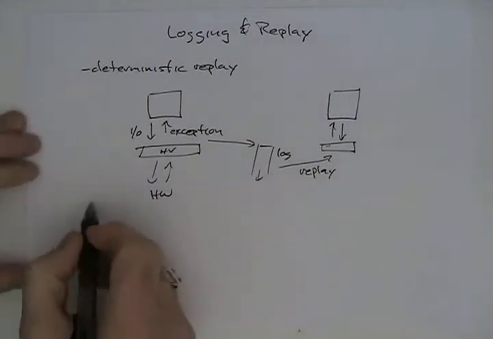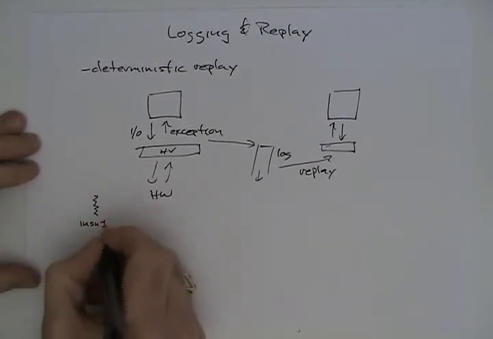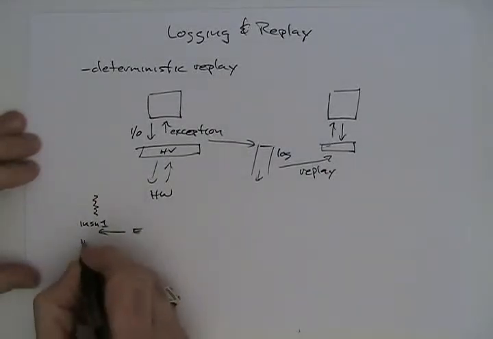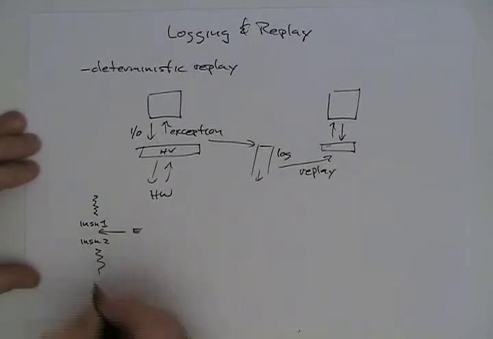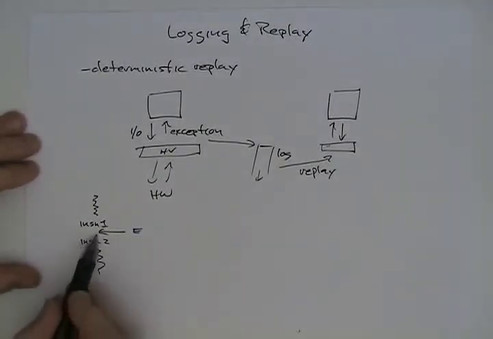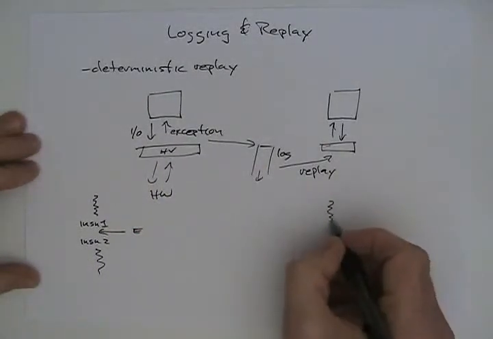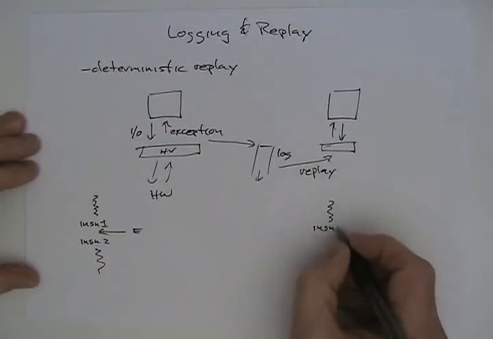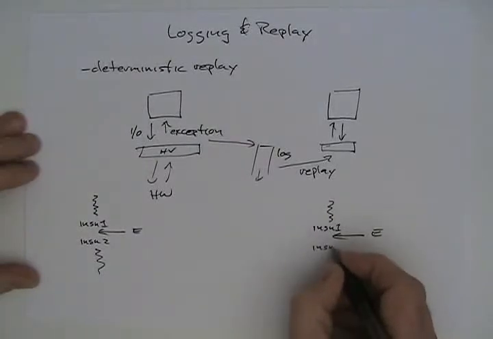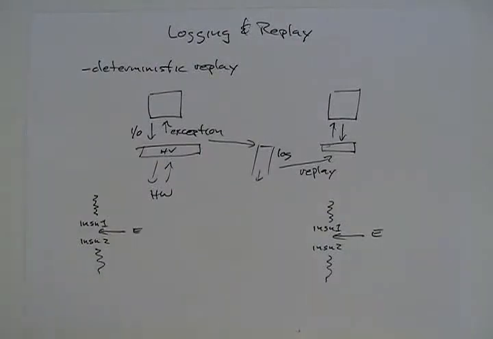So in particular, if a certain exception was delivered between these two instructions on the original execution, we want to make sure that on replay that exception is delivered between exactly those same instructions.